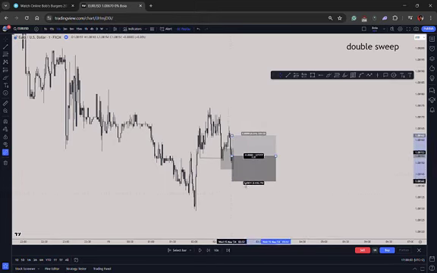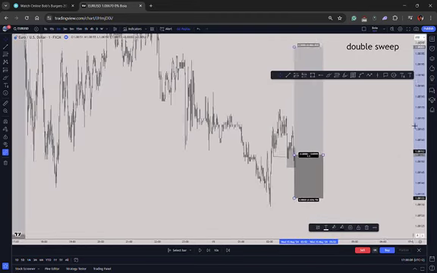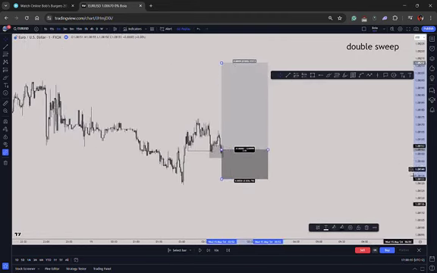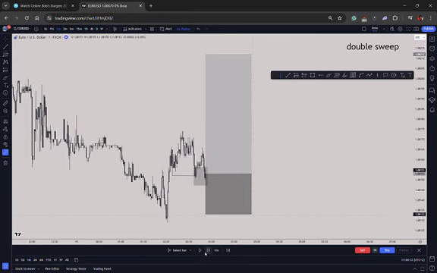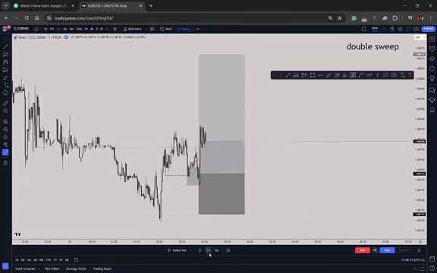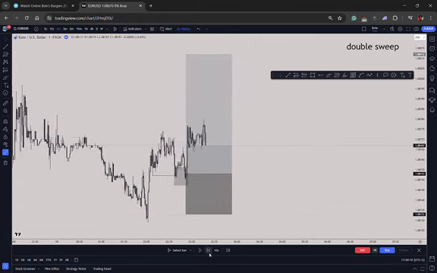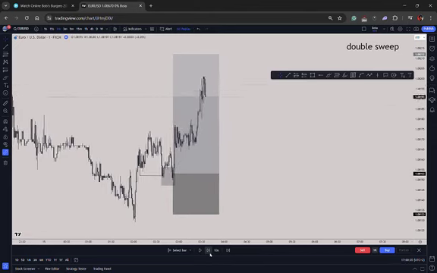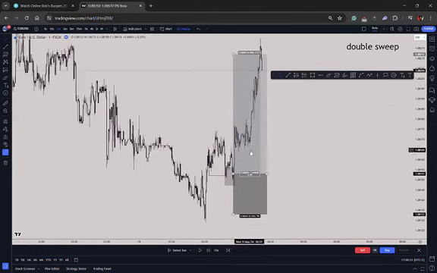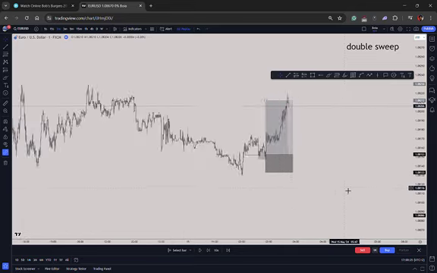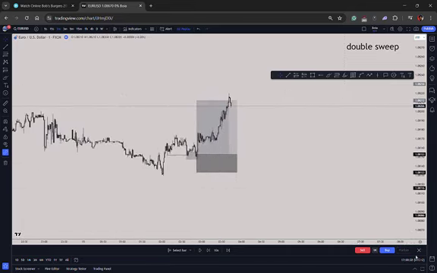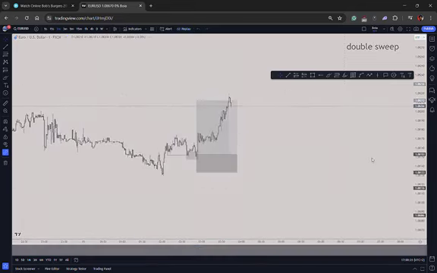Not just because I know it has already played out, but because that is what I want to see. Just the intent that price would be bullish away from sweeping the initial reaction is enough for me to take a trade, and then you see price move away from there, tapping 3R. So that was this example for the double sweep.